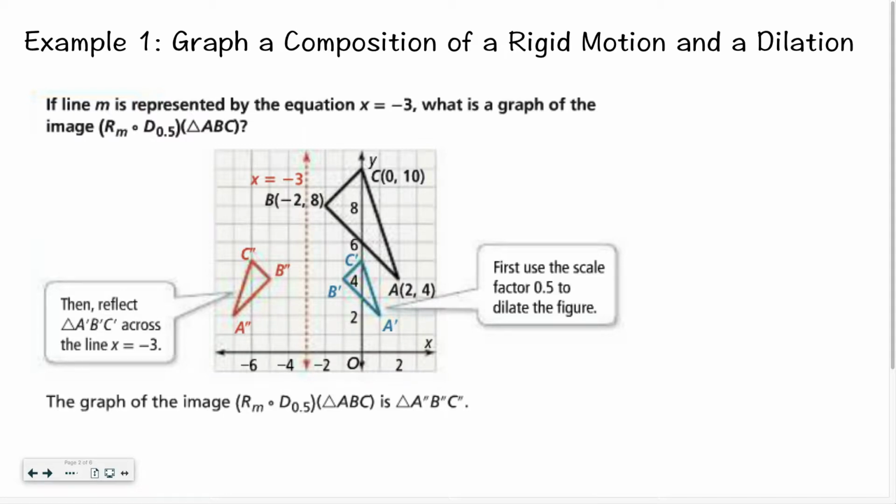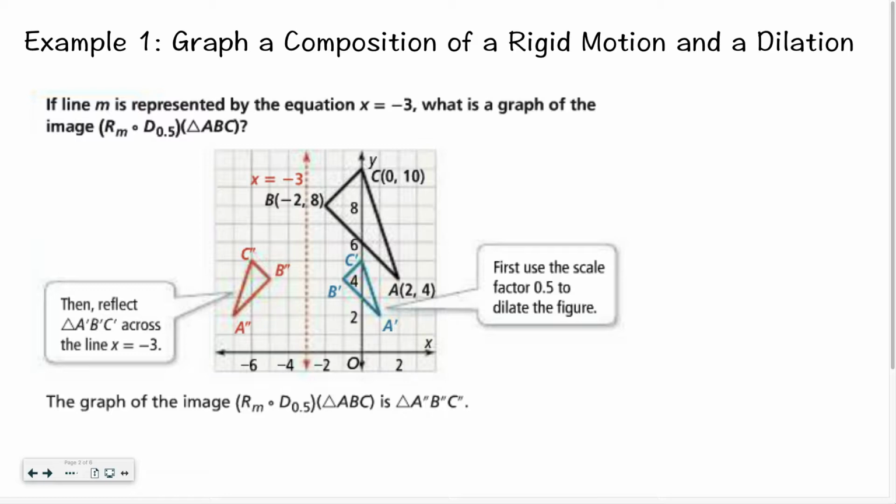and a dilation. So hopefully you remember the word composition from back in chapter 3. Composition is when you do more than one transformation to a figure. So you change it in more than one way. And then remember a dilation, we learned yesterday, reviewed yesterday, because you've known that from the past, but a dilation is where you take a shape and you make it bigger or smaller.